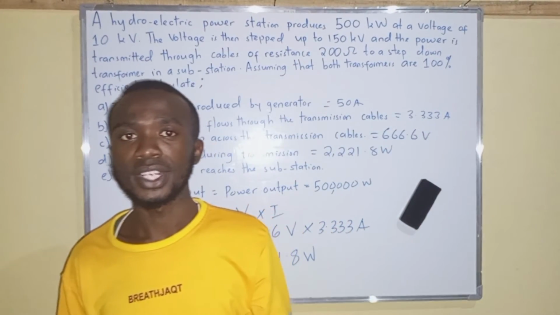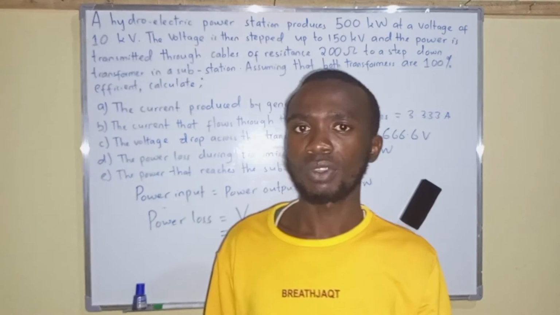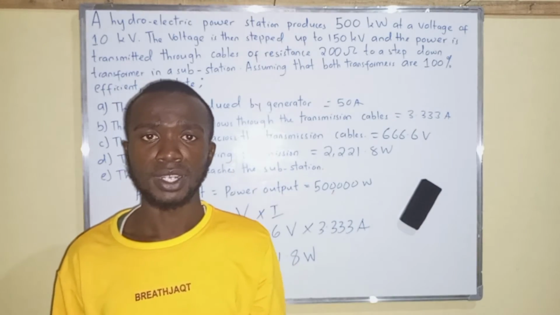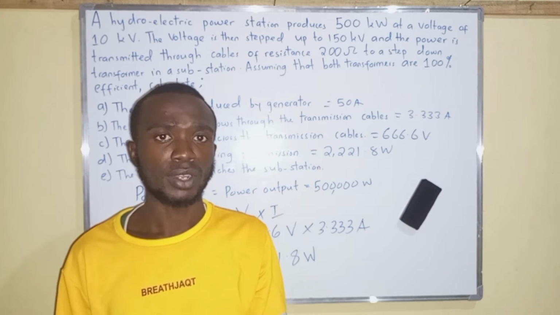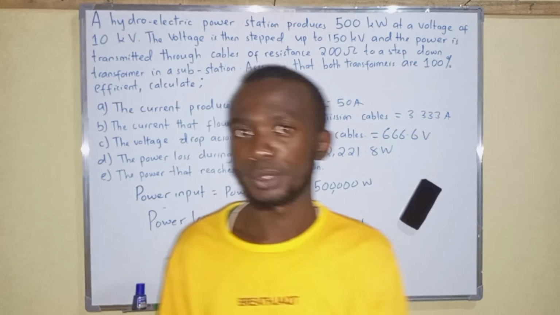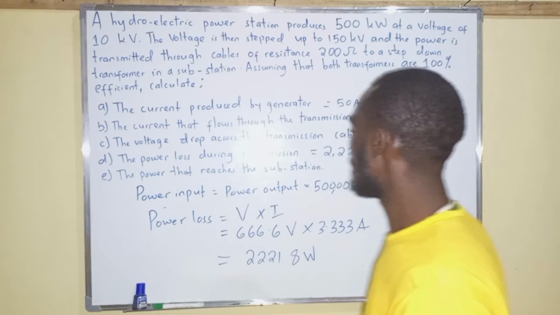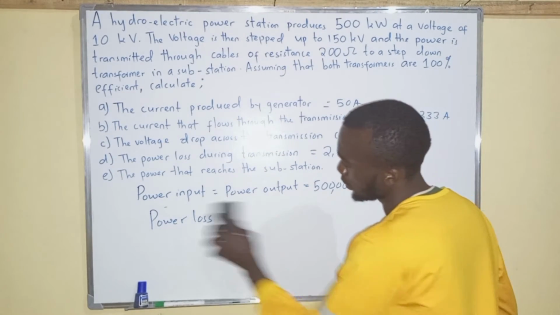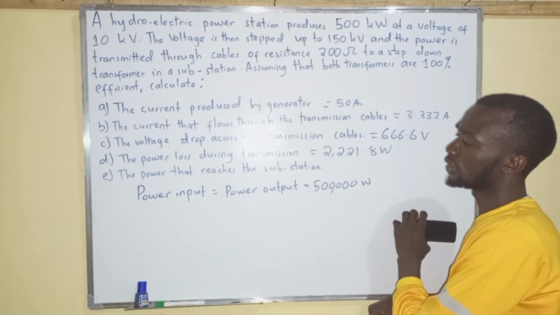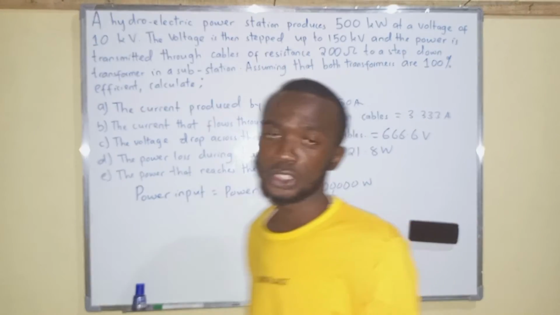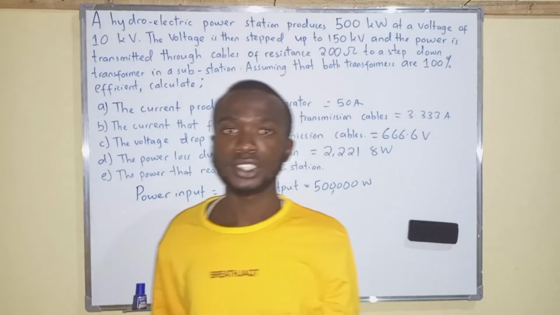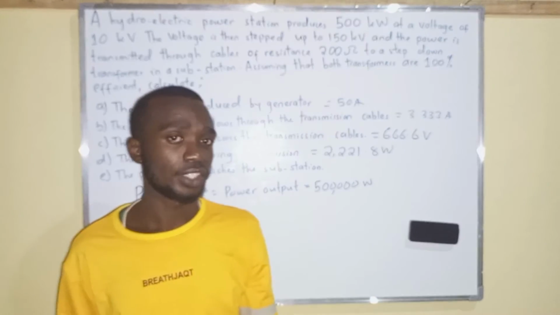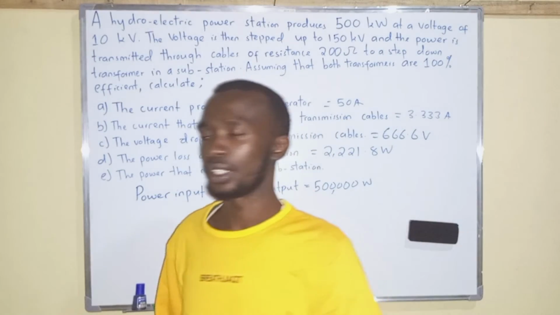To get the power that reaches the substation, it is equivalent to the power from the secondary coil of the transformer, less the power that was lost through the transmission cable. The power from the secondary coil was 500,000 watts. That is the power input, which is equal to the power output, because the efficiency of this transformer is 100%.